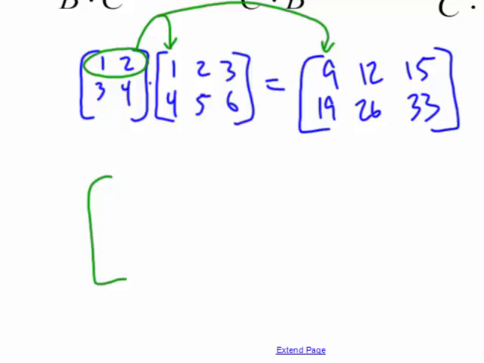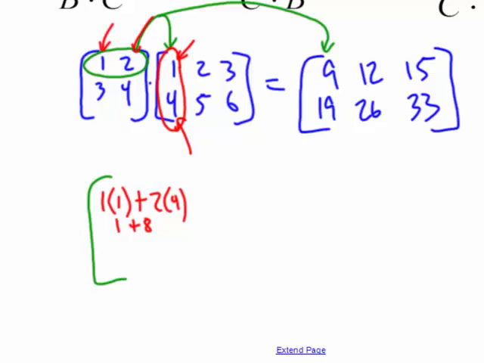It takes the 1 and multiplies it by the 1 up here. So it takes the first row times that first column: 1 times 1, added to 2 times 4. Hence, 1 plus 8, which is 9. See how that works? Well, then it's going to do the next one.